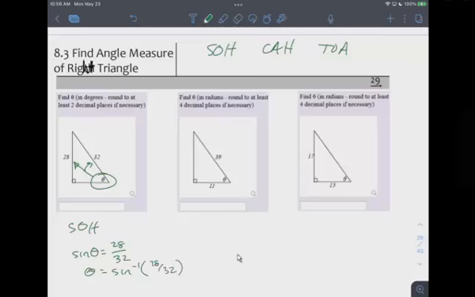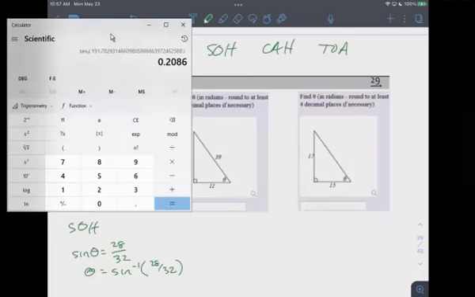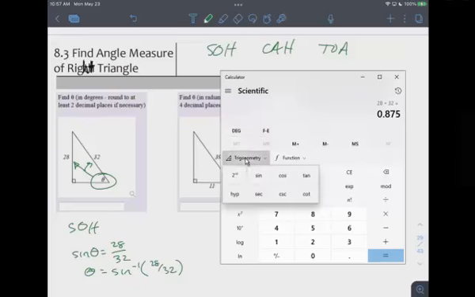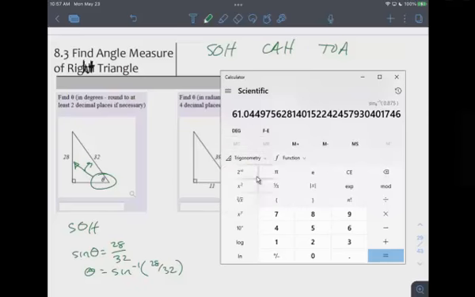In our calculator, we take 28 divided by 32, and we take the inverse sine of that. Now, we are in degrees, so make sure your calculator's set to degrees. If we take the inverse sine of this, we get our angle to be 61.04. And that is your answer. That would be the angle for that triangle based on the given ratio.